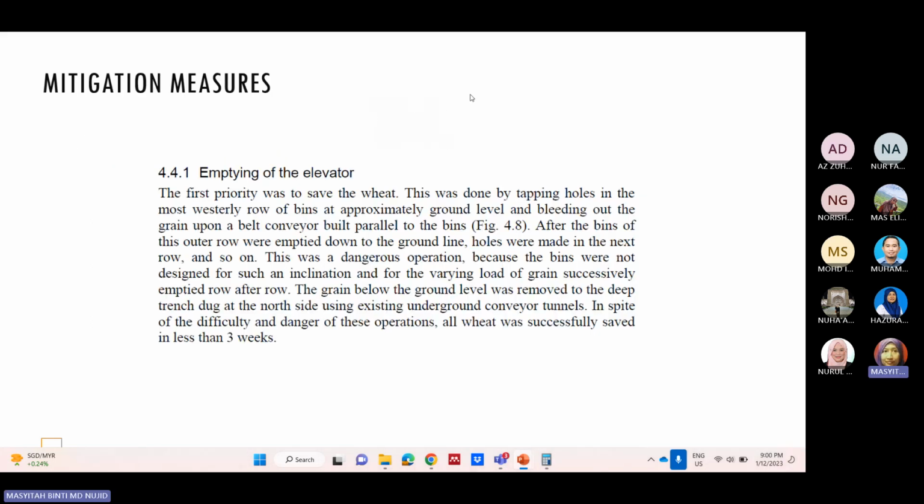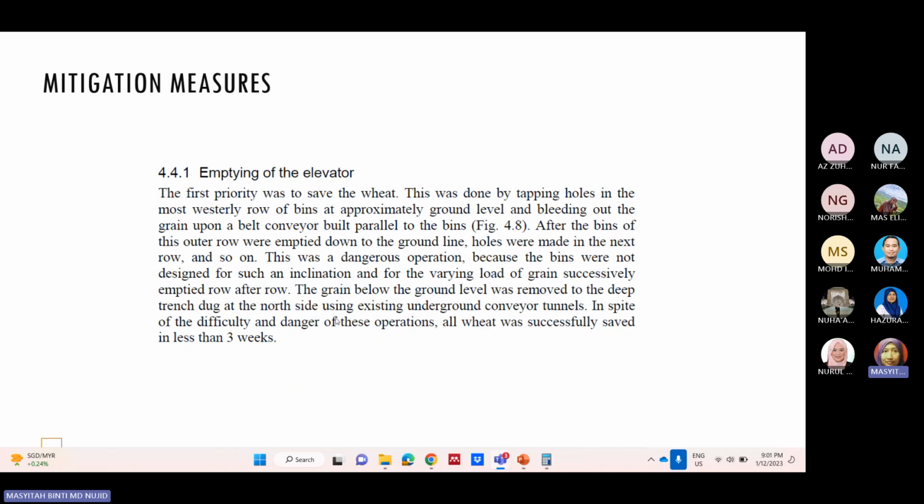The first one, for this kind of problem, the transcontinental grain elevator, is emptying the elevator. The priority was to save the bin, whose original purpose was to store grain, but the bearing capacity was wrongly estimated. When grain was loaded, within days the footing suddenly failed. So it was a dangerous operation.